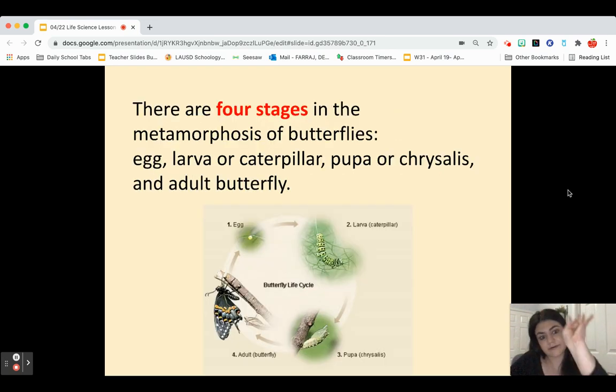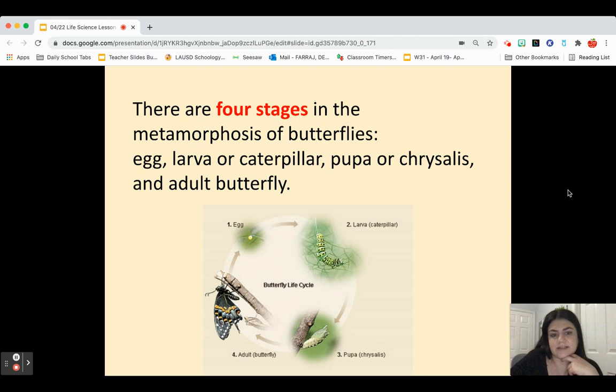There are 4 stages. How many stages? Show me with your fingers. 1, 2, 3, 4. In the metamorphosis of butterflies, we begin with the tiny little egg. We move from an egg to a caterpillar or a larva.